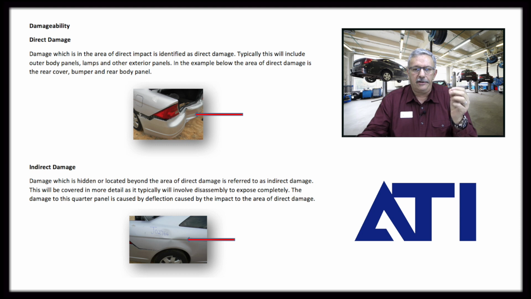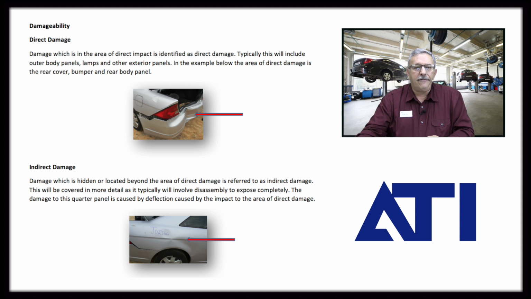We know that the area of direct damage obviously is going to be where the most damage occurs, but the damage as it goes further away is the first damage we have to consider in moving it out, because as that damage goes out, the energy is dissipating. But if I'm seeing damage further back into the vehicle, it means that the damage has in fact transferred. Even though it's dissipated, something has happened to move that damage all the way through the vehicle.